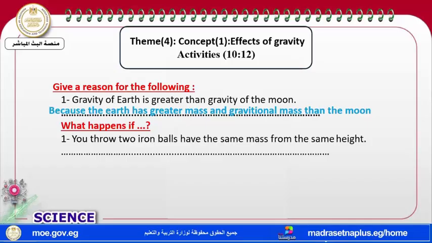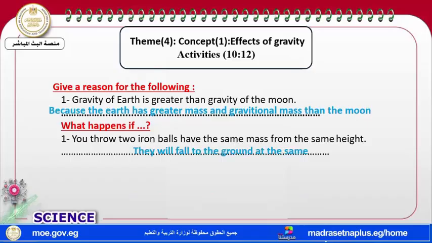Earth has greater mass and gravitational force than the moon. What happens if you throw two iron balls with the same mass from the same height?